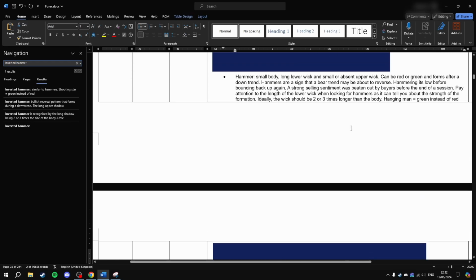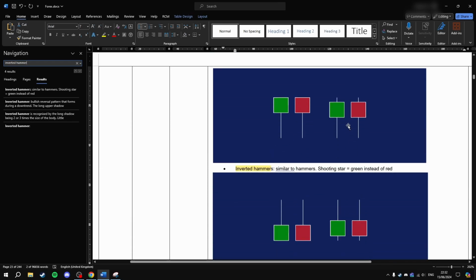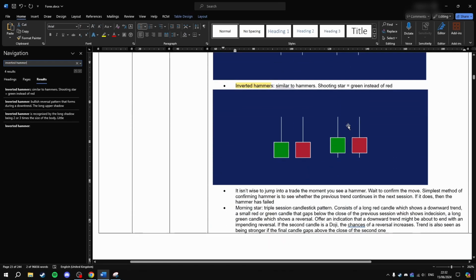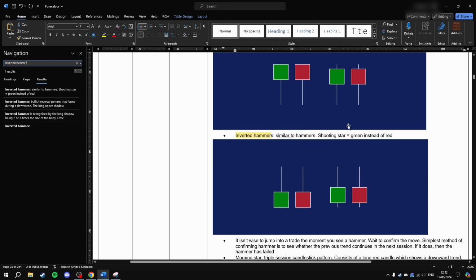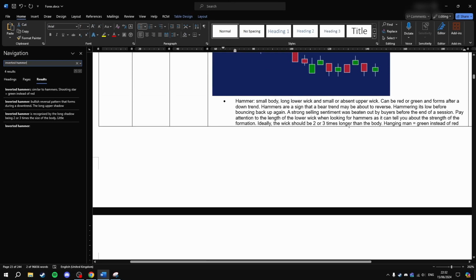Similar to hammers. Oh, nice. It forms after a downtrend.